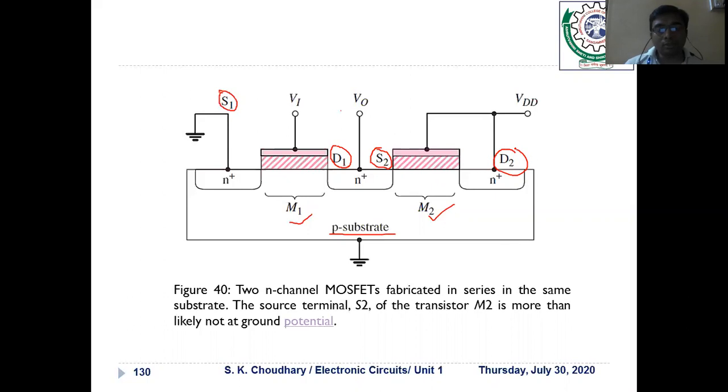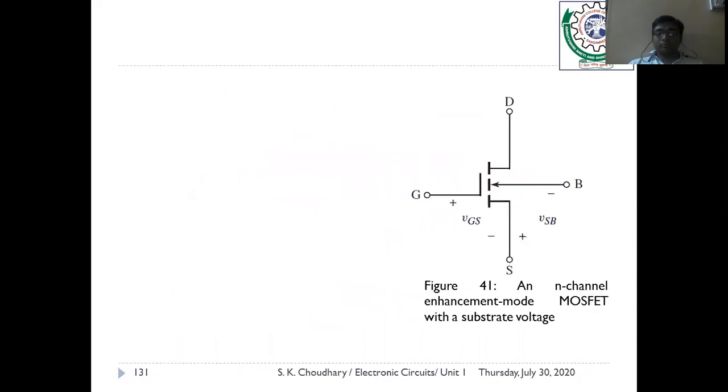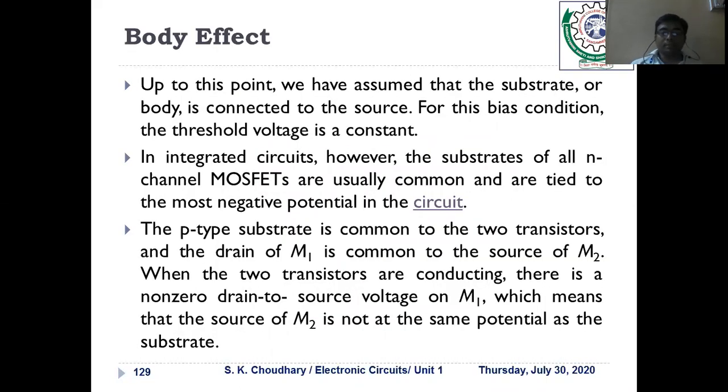So this is one of the simplest examples where we use a common substrate for more than one n-channel MOSFET. This is the gate having the voltage Vi for M1, and the gate of M2 is connected to VDD. The p-type substrate is common to two transistors, and the drain of M1 is common to the source of M2.